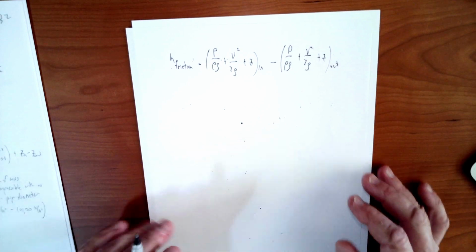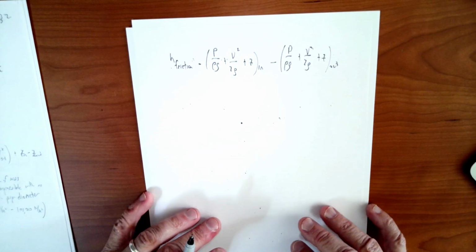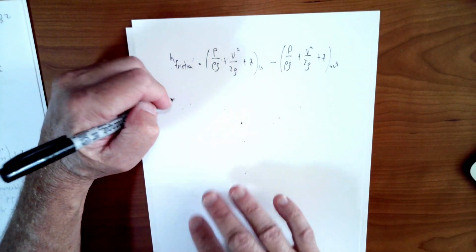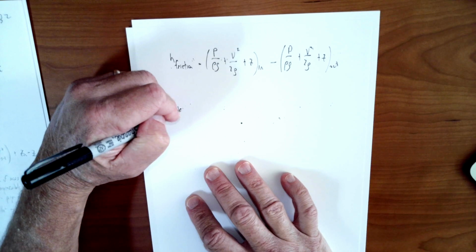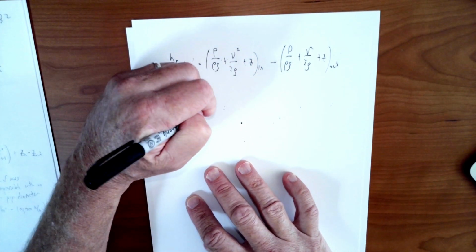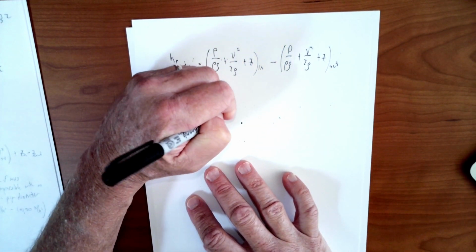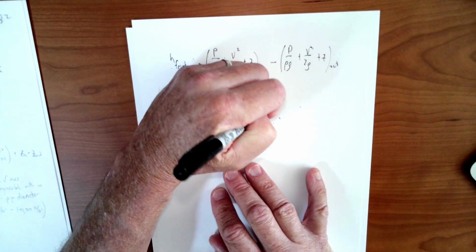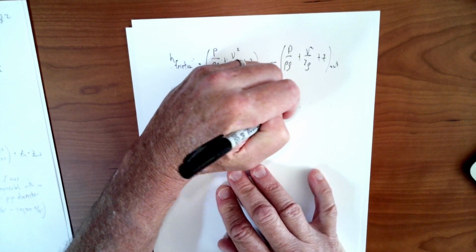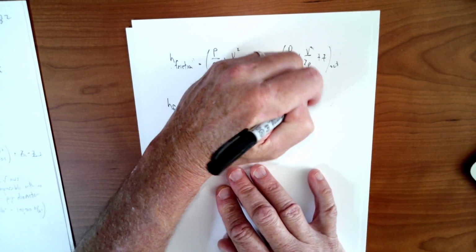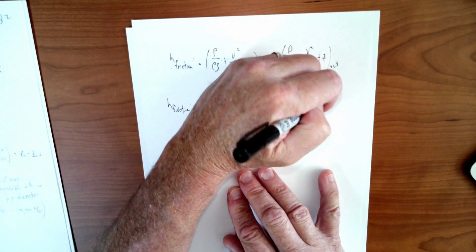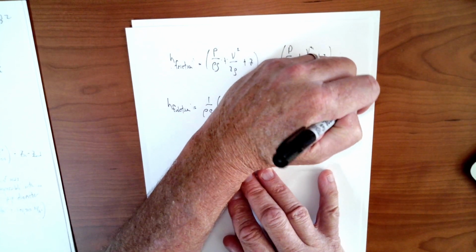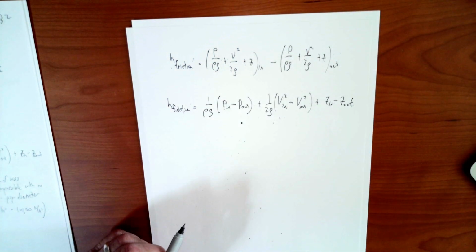Rearranging a little so it's easier to see: H friction is equal to 1 over rho g times (P in minus P out), plus 1 over 2g times (V squared in minus V squared out), plus Z in minus Z out. That's my formula to calculate this.